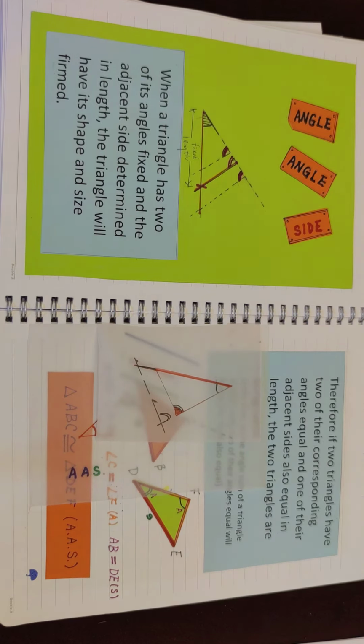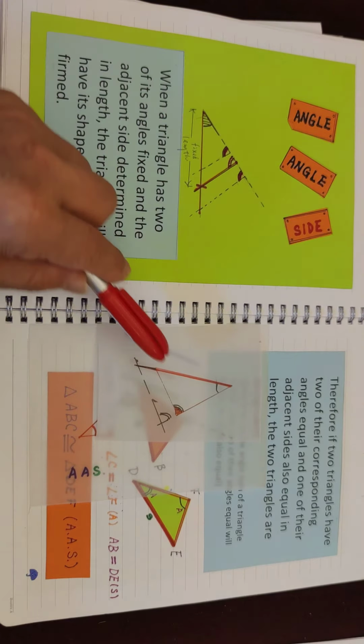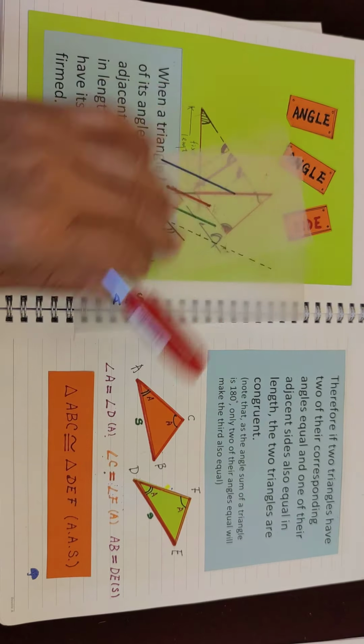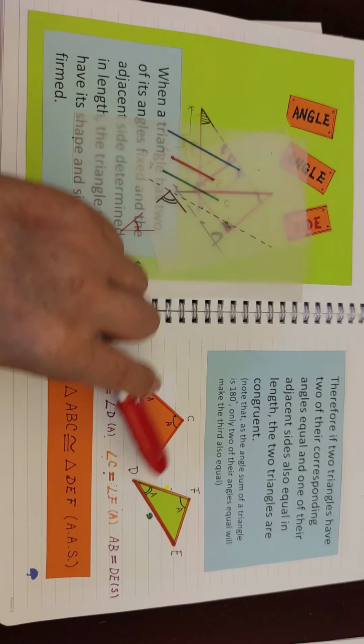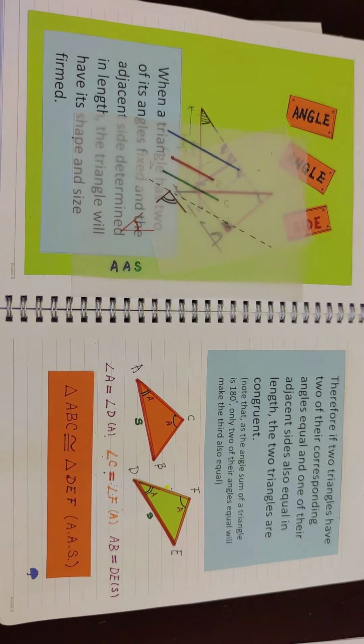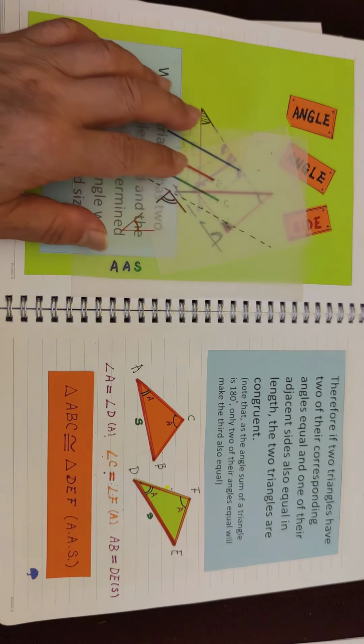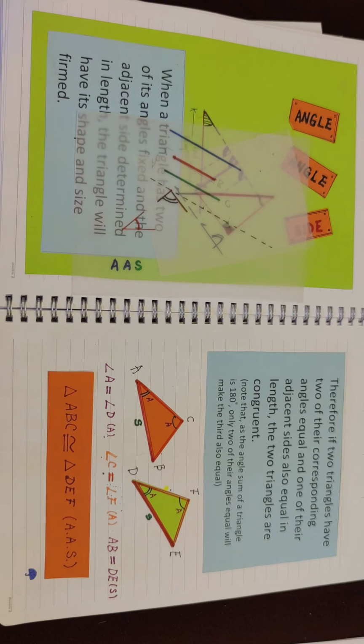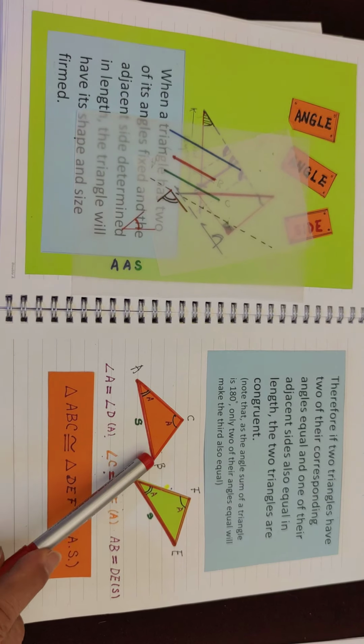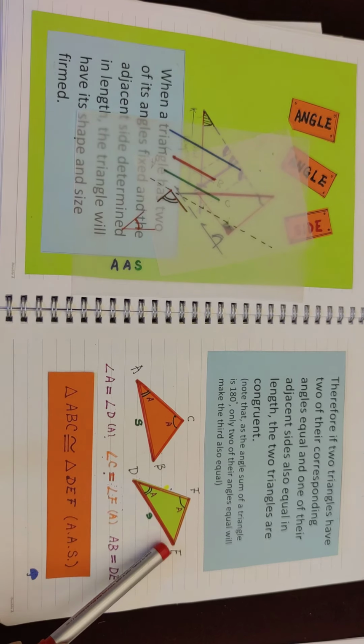Therefore, if two triangles have two of their corresponding angles equal, this one and this one, and one of the adjacent sides also equal, that means this one, AB, and this one, DE.